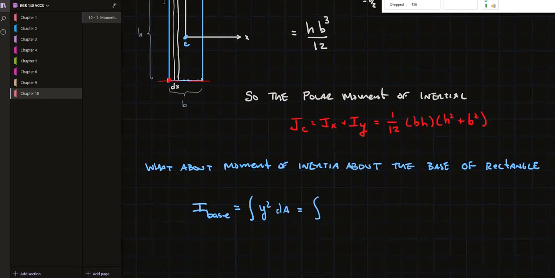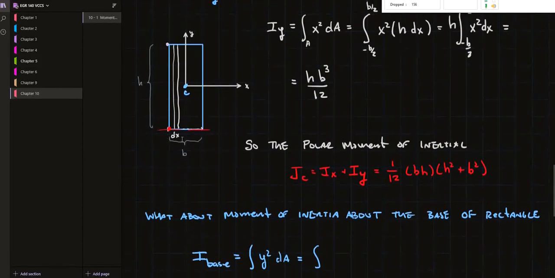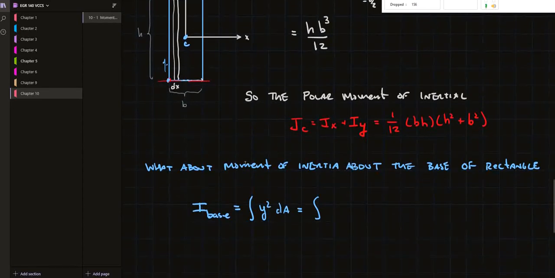So this time, since all of our area is above that, we're going to go from 0 to h. So we'll go from 0 to h of y squared dA equals the integral from 0 to h of y squared.